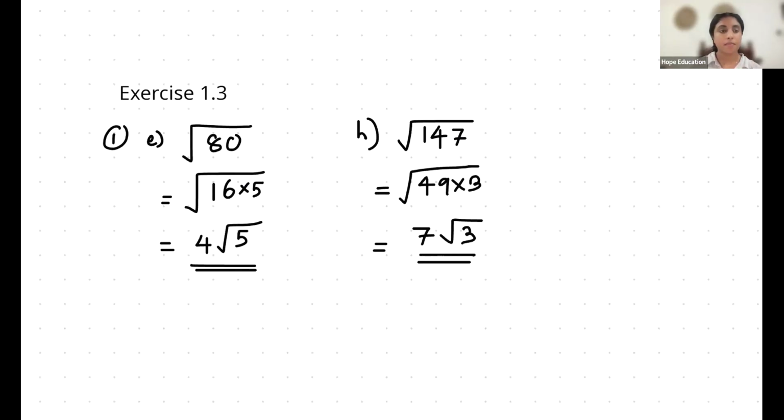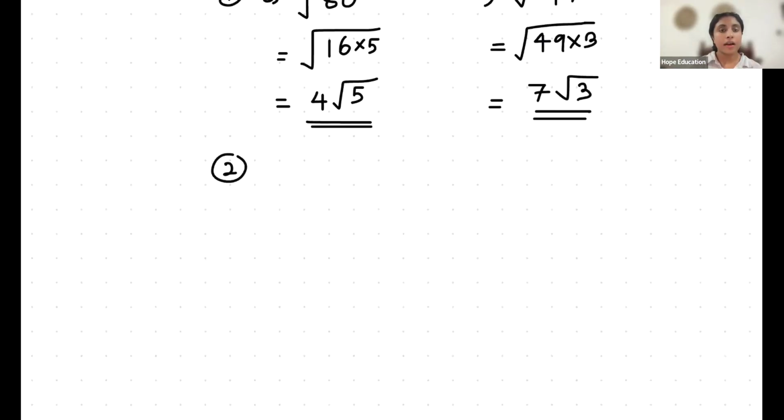Second question, C and E. C is 4 root 7. Now you have to convert it to an entire surd. How do we do that? We square the number outside and put it inside the root.